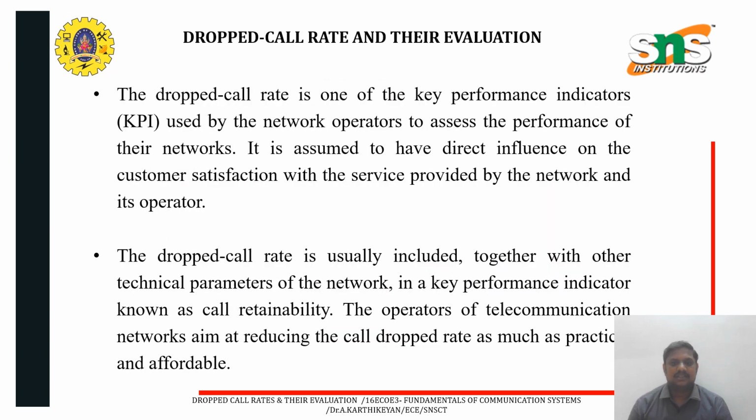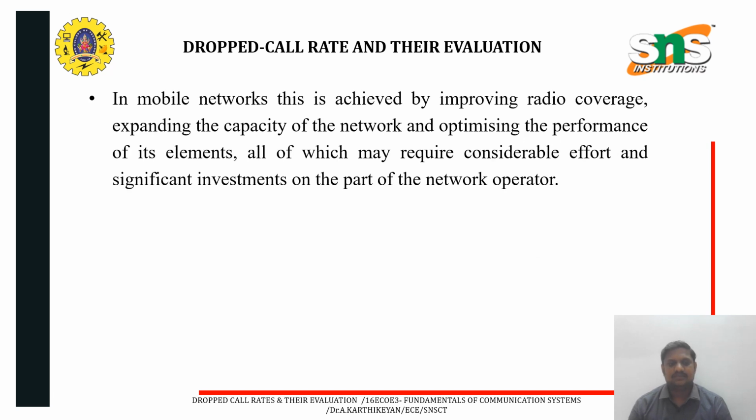The performance indicator, as I already told, is the ratio of the number of connected calls to the number of successful calls. This is the main ratio of the dropped call rate, how to calculate the performance efficiency.